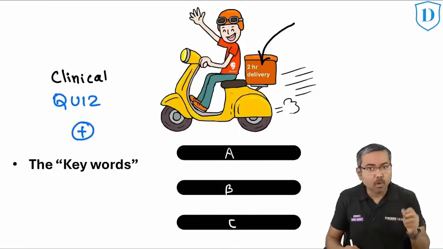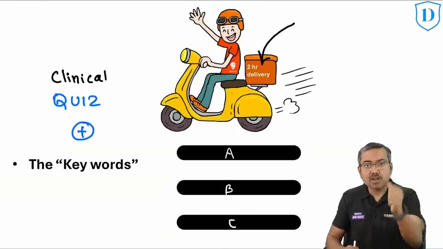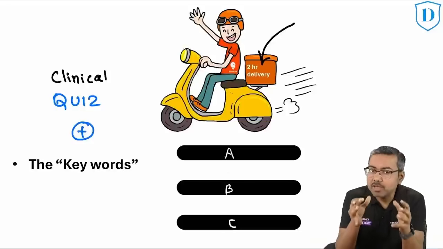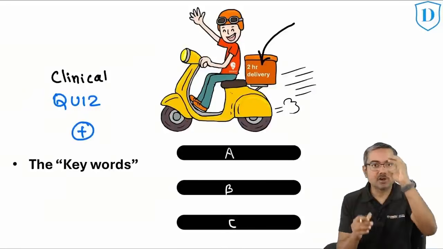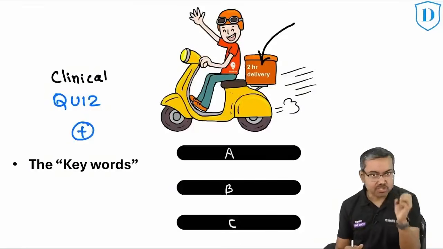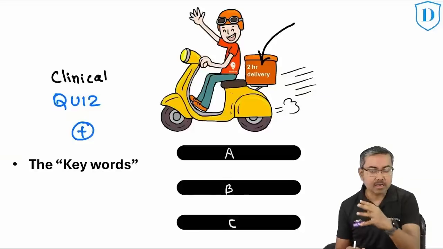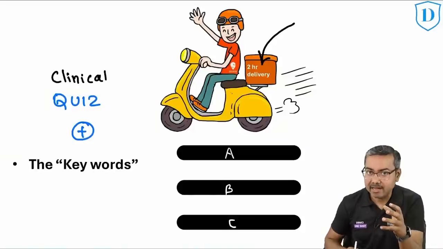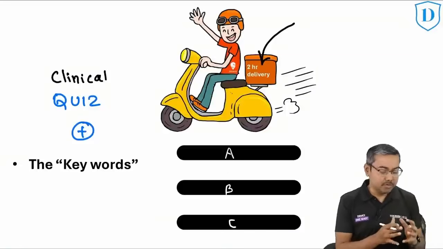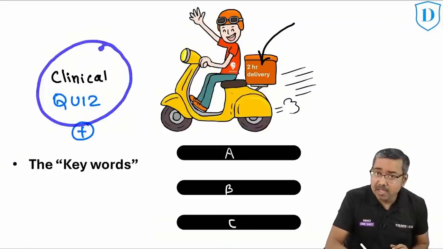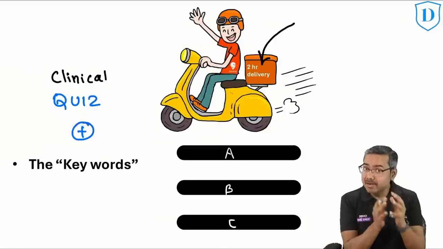MCQs are not going to be "what is the most common cause of this" or "the drug of choice for this." That's usually not how questions come nowadays. It's going to be a stem: this patient comes with this and this and this, and then you want to make head and tail out of it. So I'm going to give you a clinical quiz. We'll see how many of you can solve that, and then we'll discuss it.